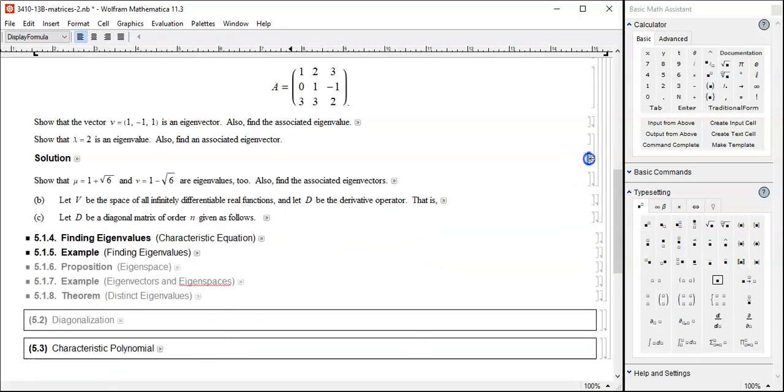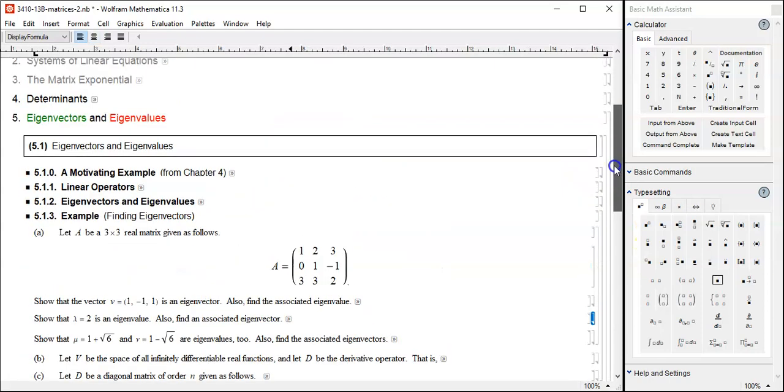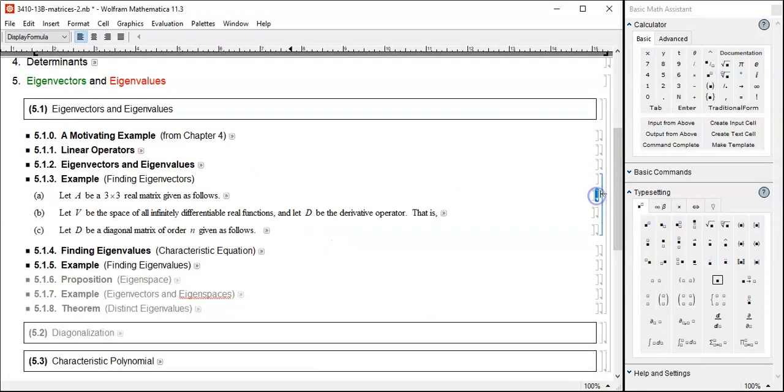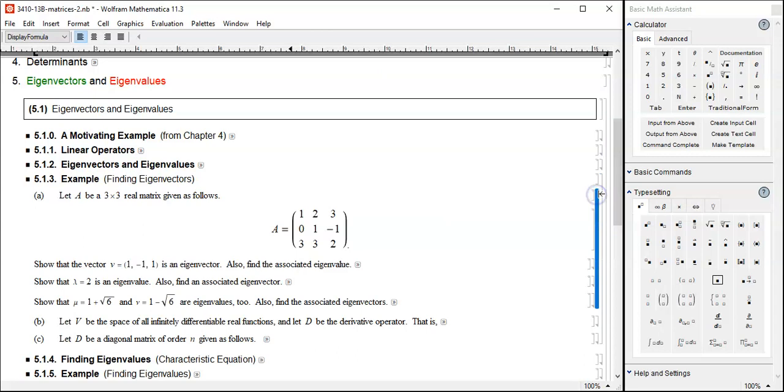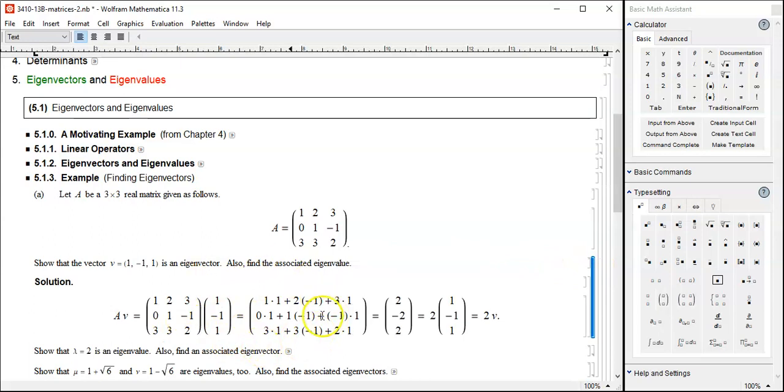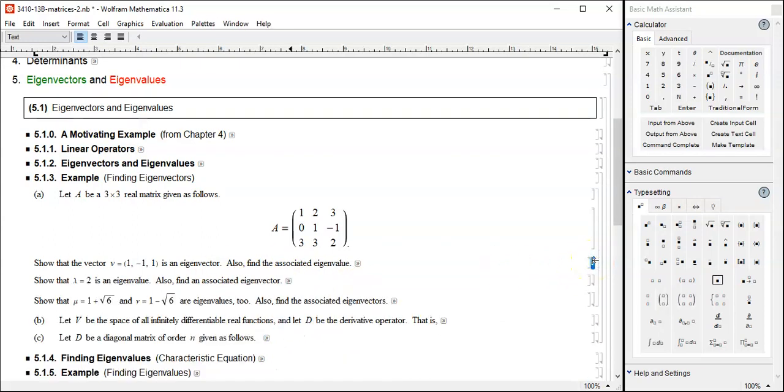Alright, that's how you work out eigenvectors and eigenvalues. And let's have a recap here. If you know an eigenvector and are finding the associated eigenvalue, that's really easy. Just a one-line computation. Well, okay, matrix computation may be a bit complicated, but with a computer it's easy.